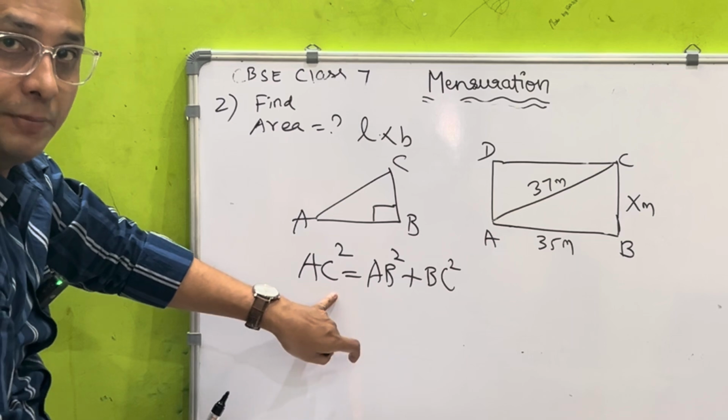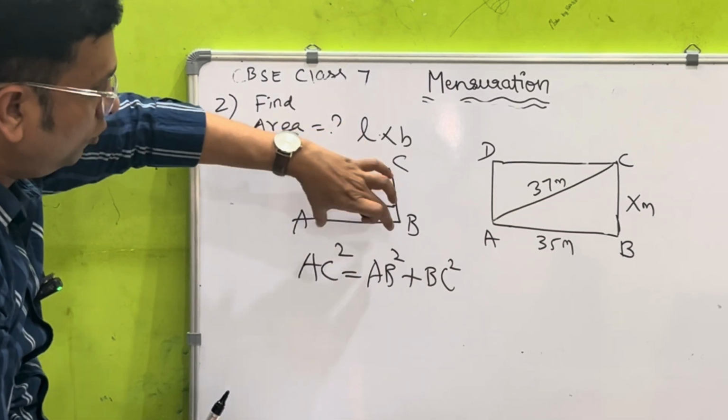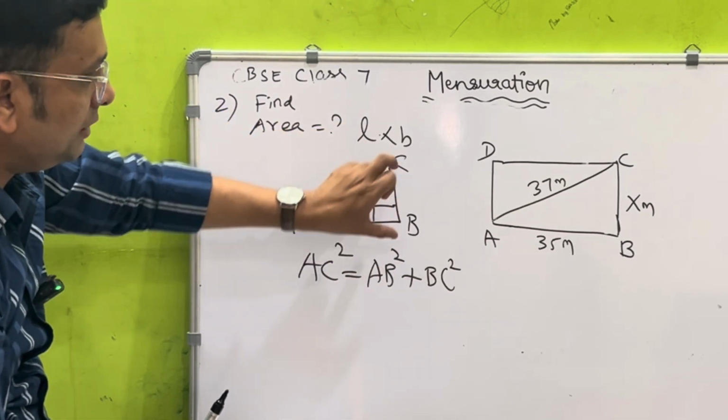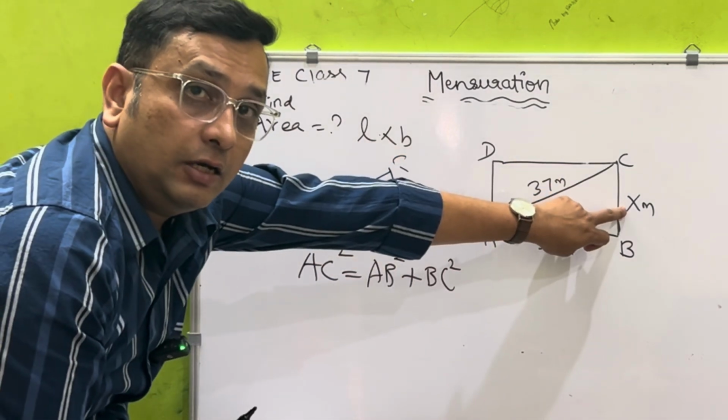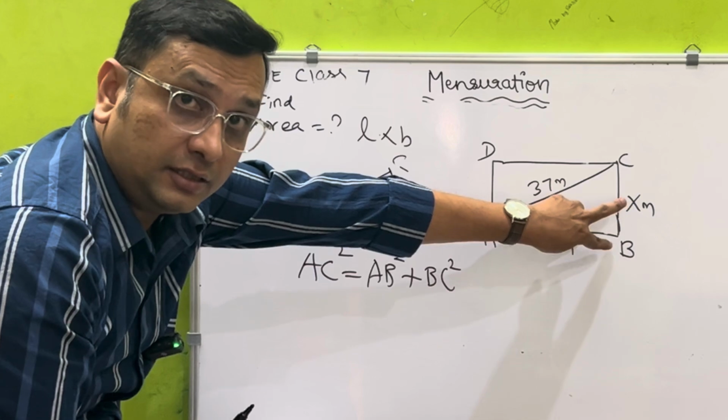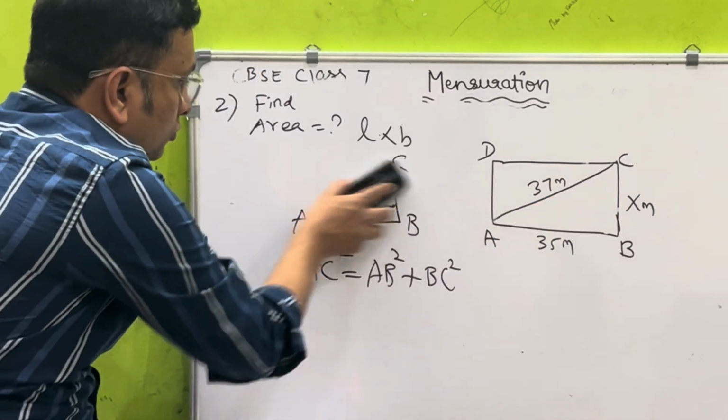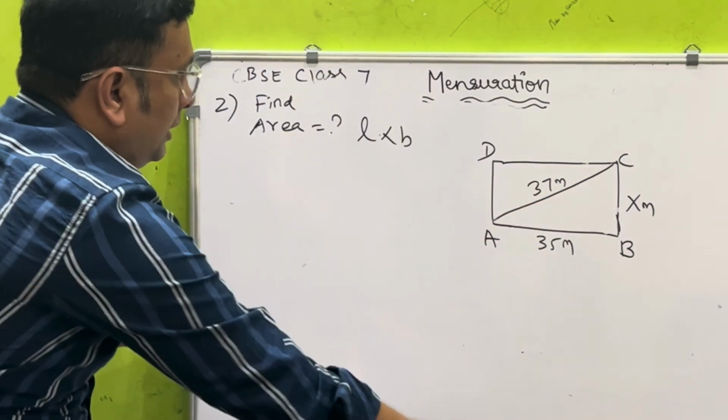Hypotenuse square is equal to the square of one side plus the square of the other side. We need to apply this to find the missing side, that is the breadth.